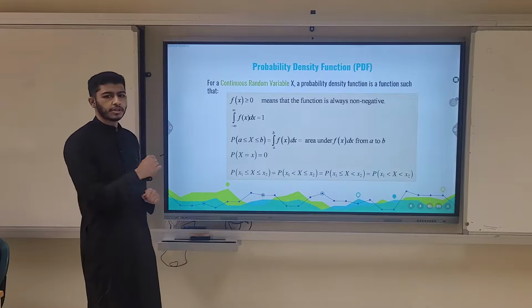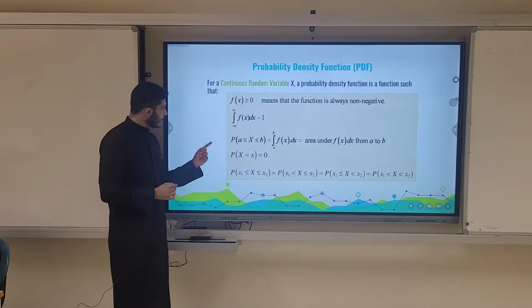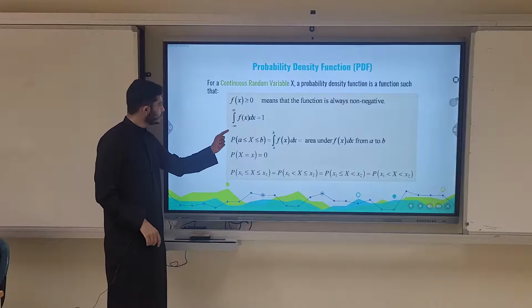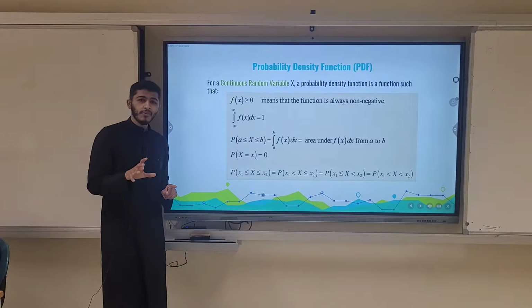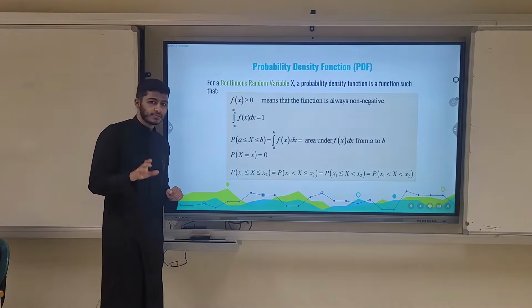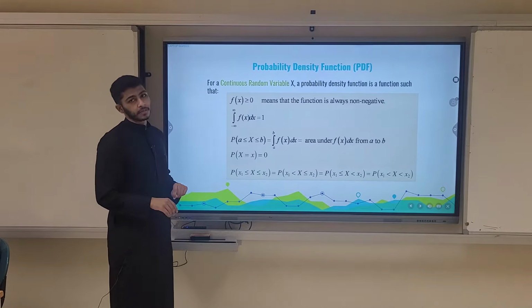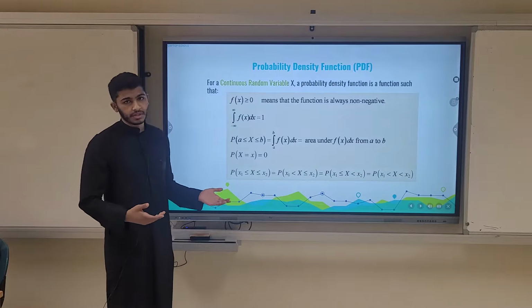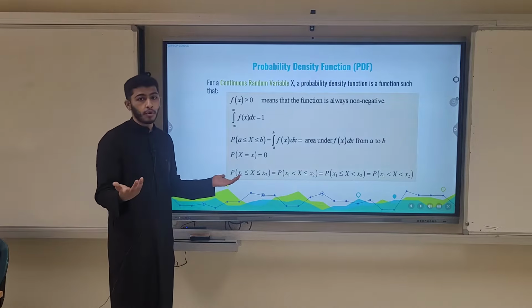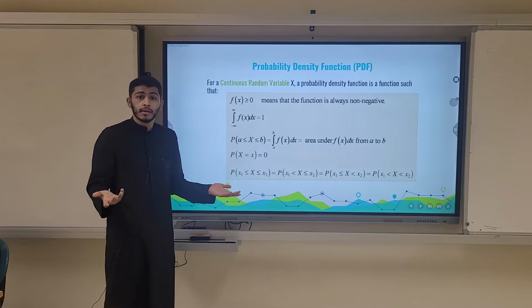But here's the thing I would like to bring your attention to. Here it tells us to integrate from minus infinity up to infinity. However, not all probability density functions go down to minus infinity and up to infinity. Some of them go from 0 to infinity, some go from minus infinity to 4, some go from 0 to 1.